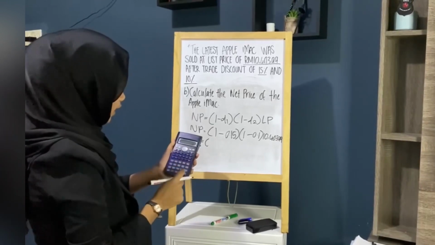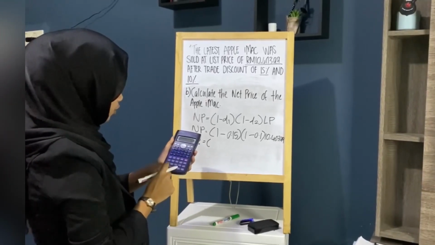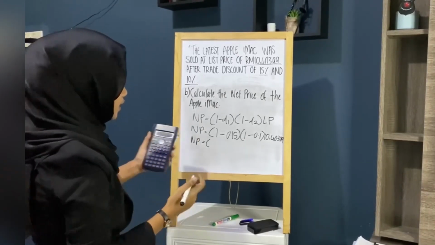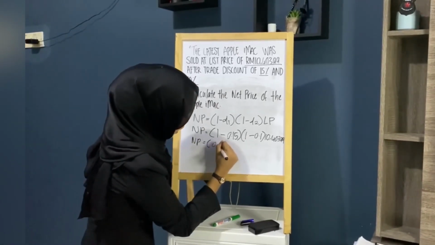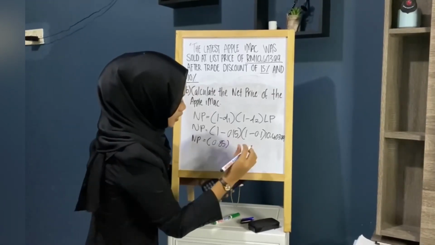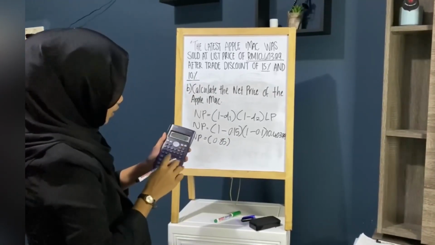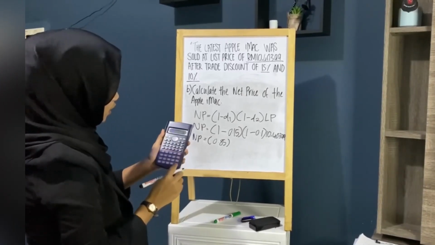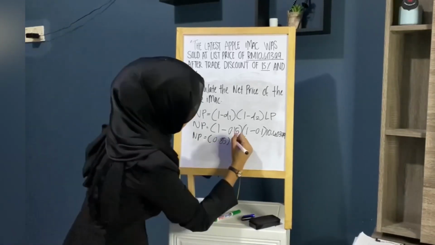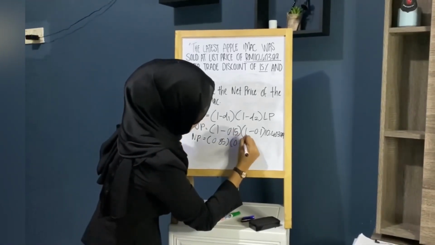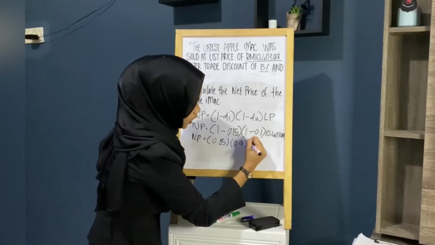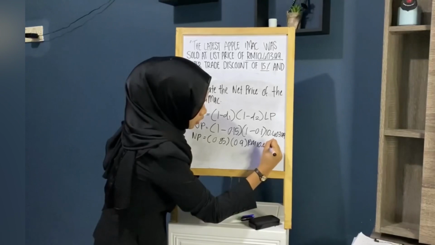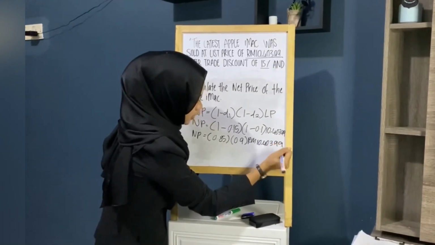Open bracket, 1 minus 0.5 close bracket, you will get 0.5. Next, open bracket, 1 minus 0.1, you will get 0.9. And next you just put here RM10,402.99.